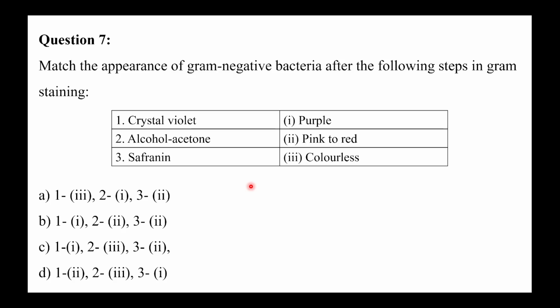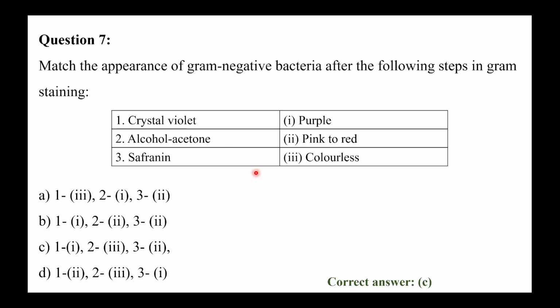Yes, so option C is the correct answer. I have told you in the first question, safranin has a pinkish color. It gives the cells a pink to reddish color.